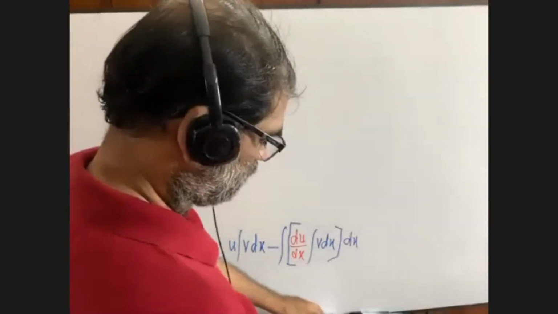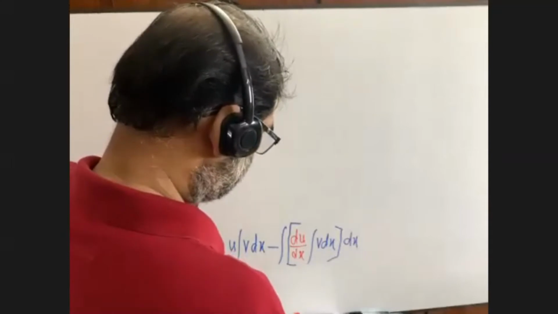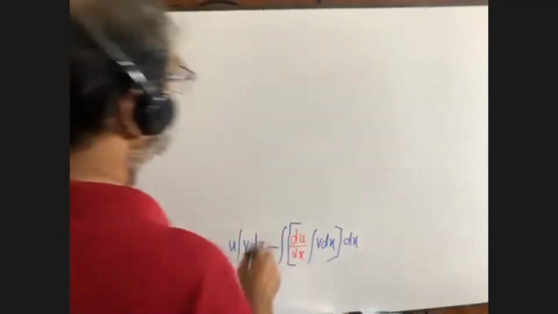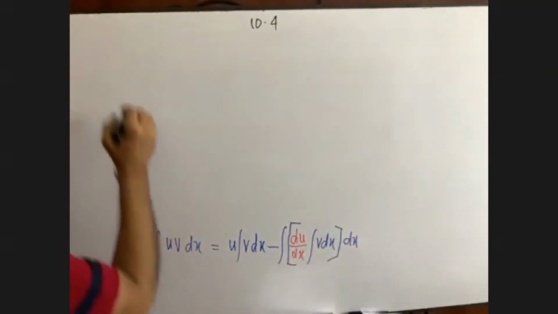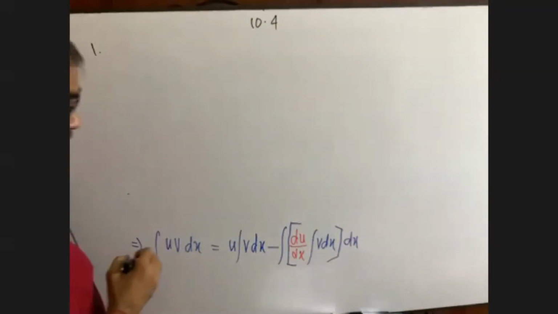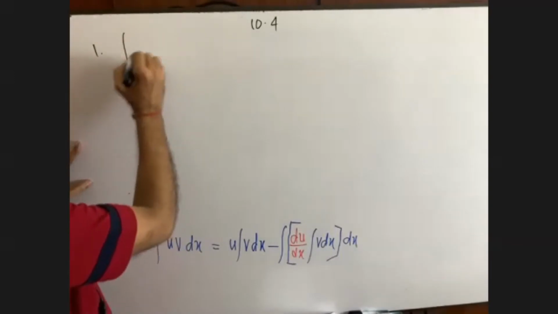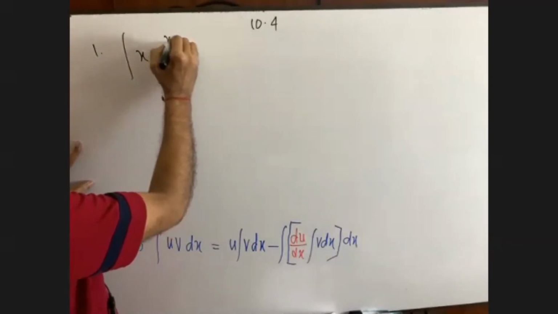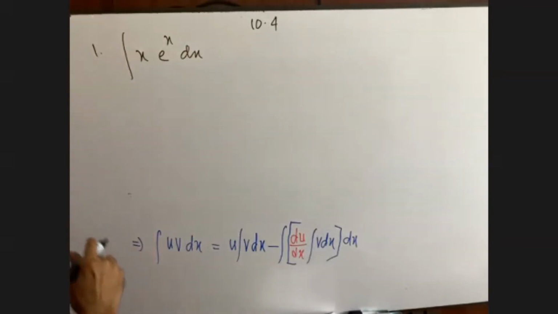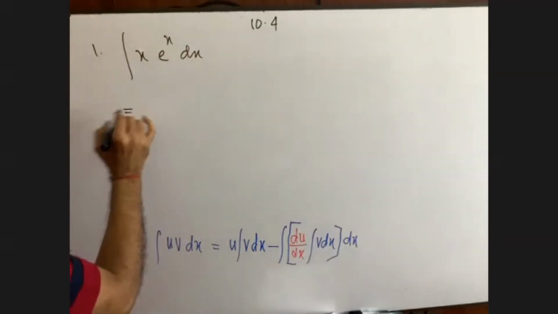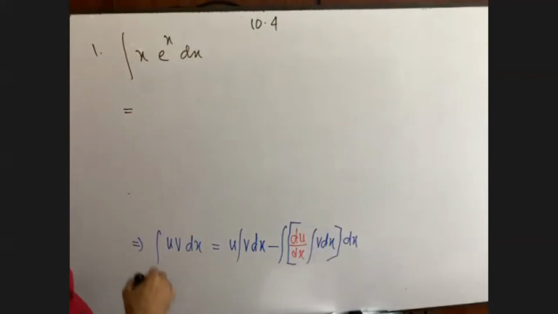I'm going to exercise 10.4. Write down 10.4, question number 1. A very easy and simple math: ∫x e^x dx. So this is u, this is v. Let me know what the formula is.